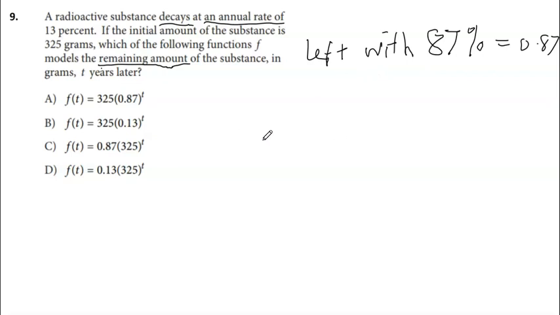So the way I would normally solve a question like this is, I test. I write my function, f of t equals, I don't know yet, but what I know is it's going to be 325 multiplied by 0.87.